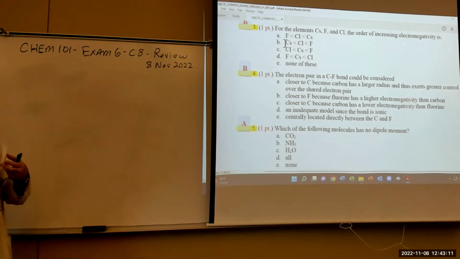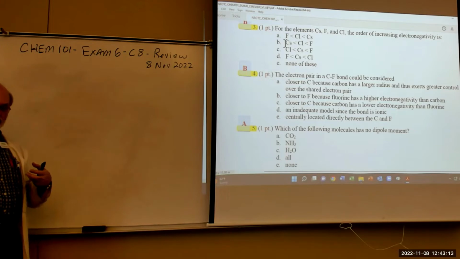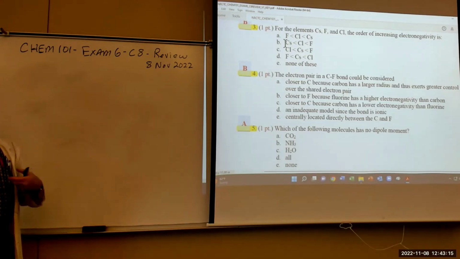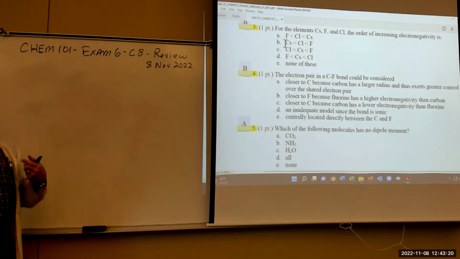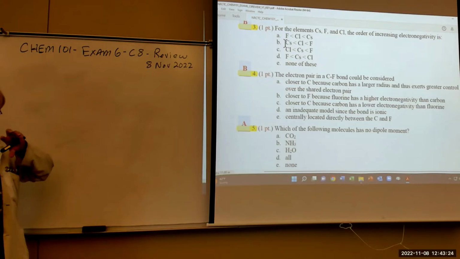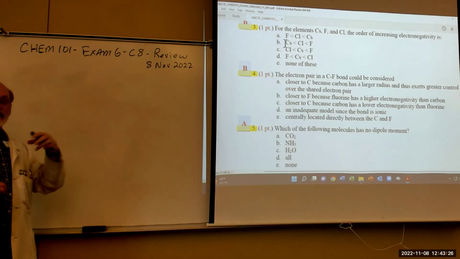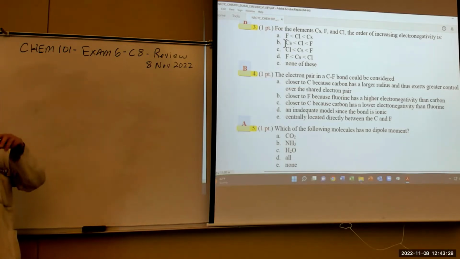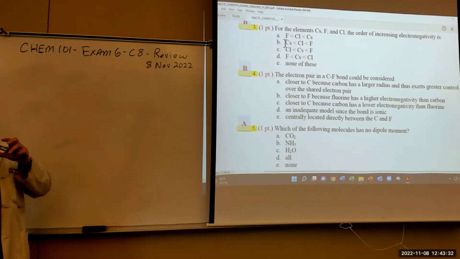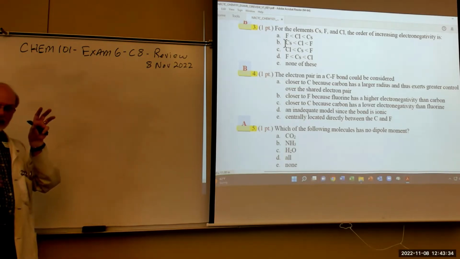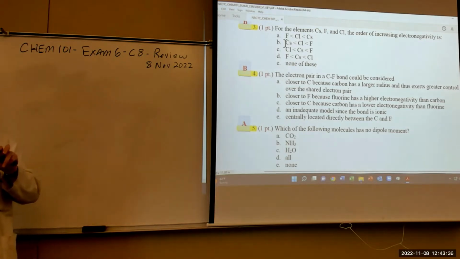And that is an expression of the dipole moment, that force. And it's due to the difference in electron distribution in the molecule. In other words, if the electrons tend to spend more of their time actually closer to one side of the molecule than the other, then that makes a slight negative charge on one side and a slight positive on the other.